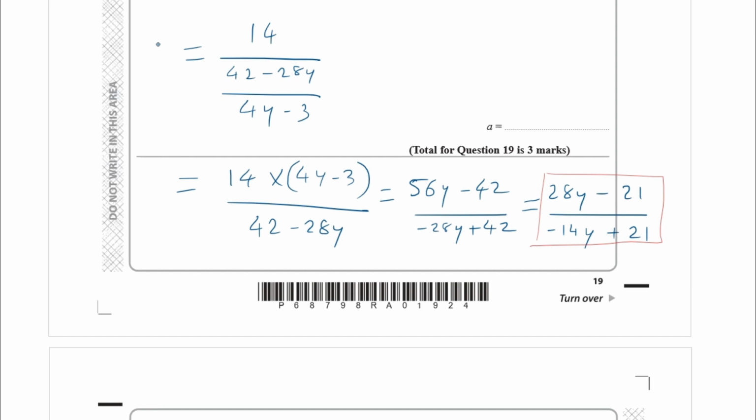So A is 4y minus 3, divided by negative 2y plus 3. And I think this is exactly the form which the question was requiring with p's and q's.